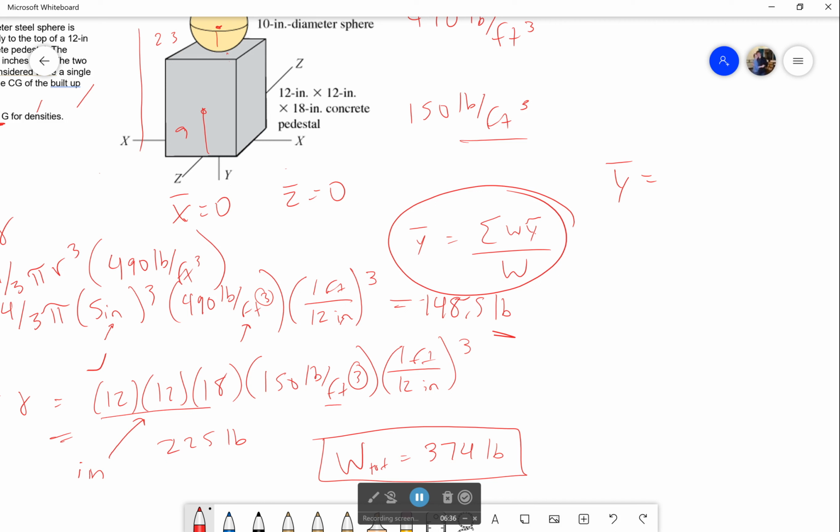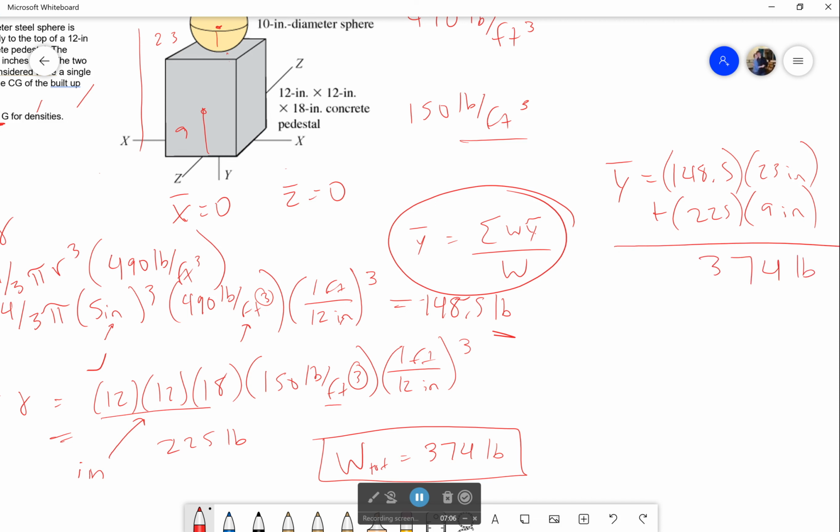And so that's going to be equal to the weight of the steel sphere, which is 148.5, times the distance to its centroid, which is 23 inches, plus the weight of the concrete slab, which is 225 pounds, times the distance to its centroid, which is 9 inches, plus those coming from my origin at the bottom. I'm going to divide that by my total weight.